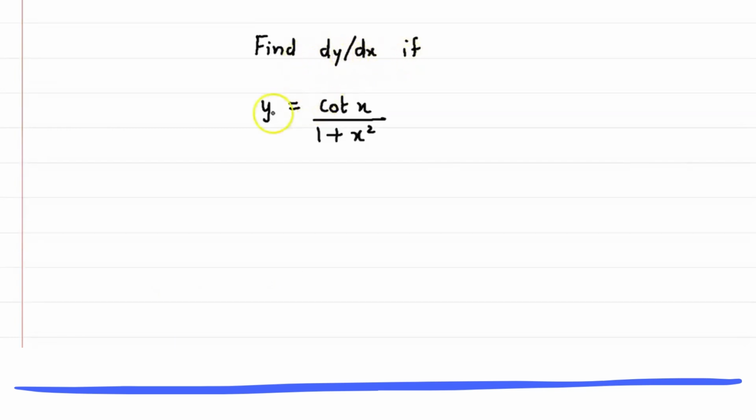Find dy by dx if y is equal to cot x upon 1 plus x square. Now here again we will be applying the quotient rule to obtain the derivative.